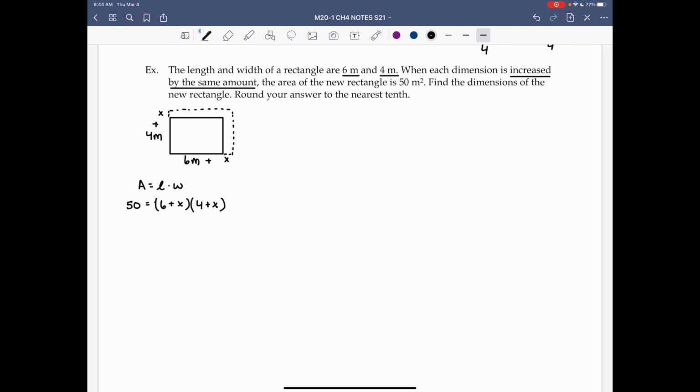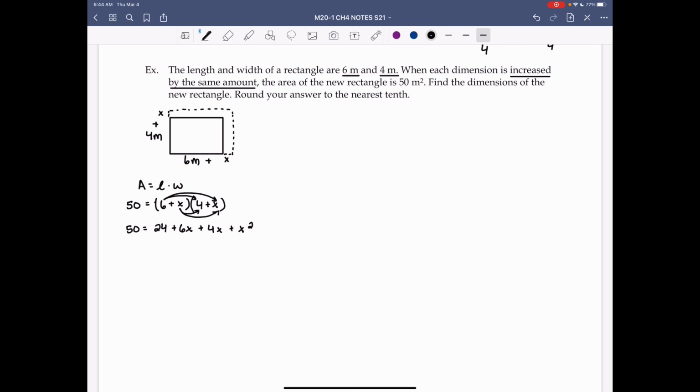We need to have a quadratic in standard form before we can complete the square, so multiply these two binomials together. 6 times 4 is 24, so we get 50 equals 24, 6 times x is 6x, x times 4 is 4x, and x times x is x squared.